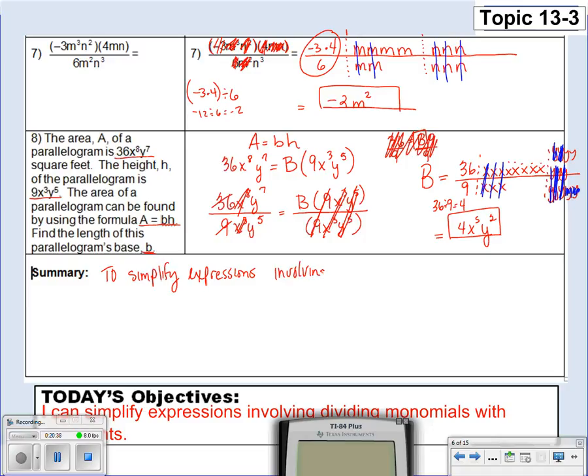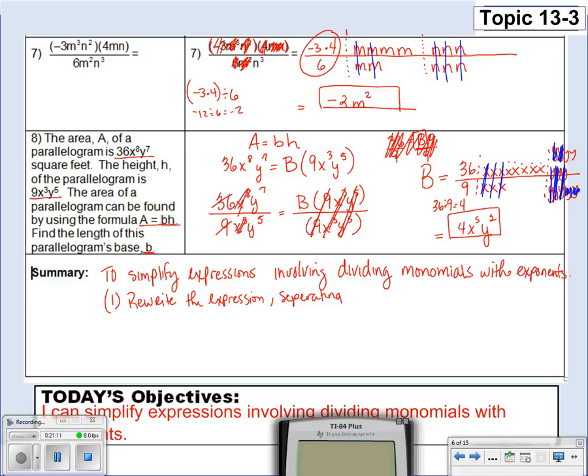Our first step was to rewrite the expression, separating the like terms and variables. That means we put the numbers with the numbers, the letters with the letters.